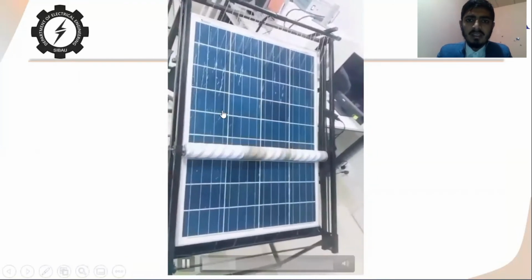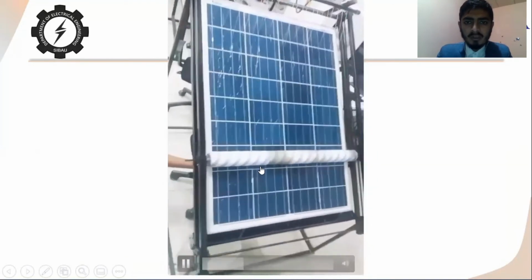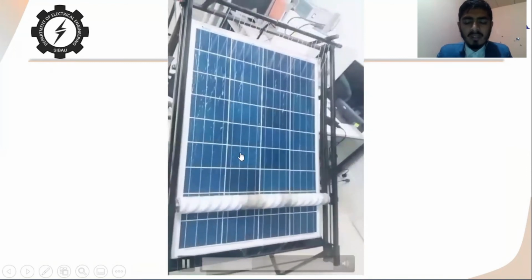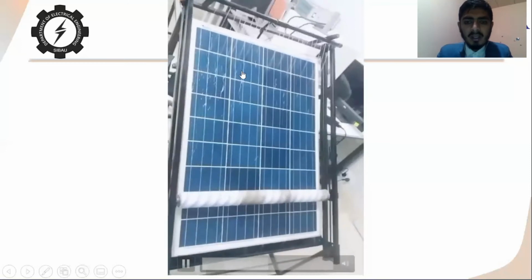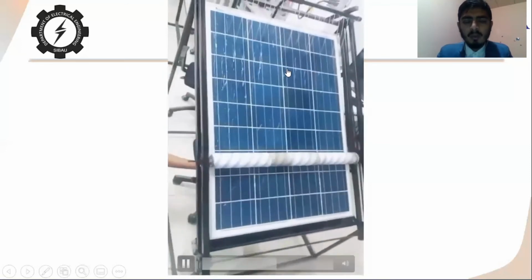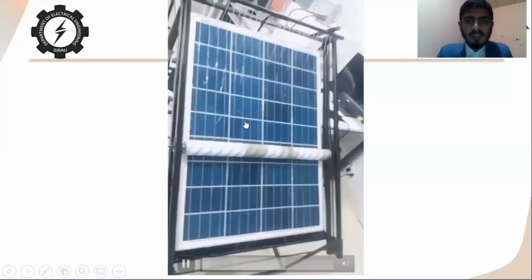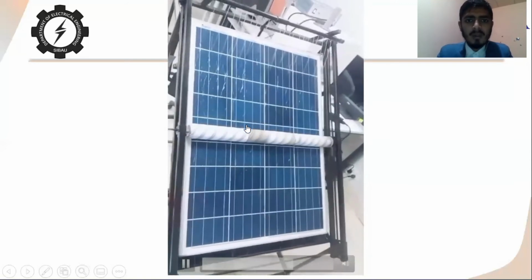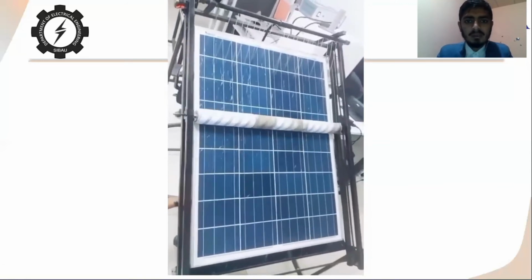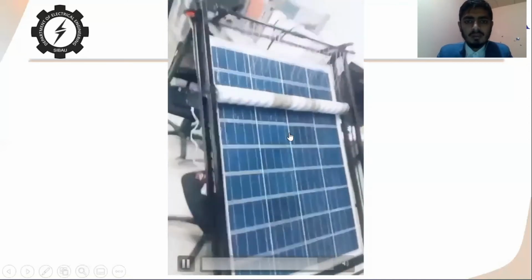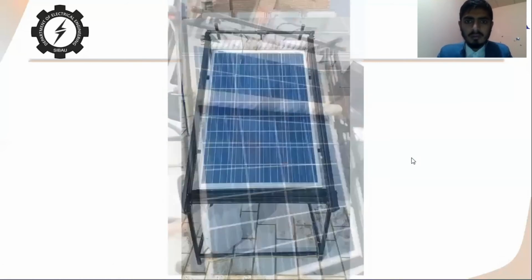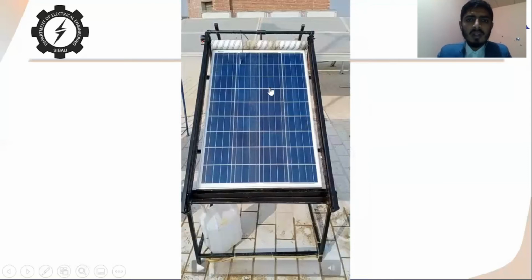You can easily see that the roller brush is rotating, and over the surface of the panel the water is being sprayed, so both cleaning as well as cooling are working. And this is also another video. You can watch this video.